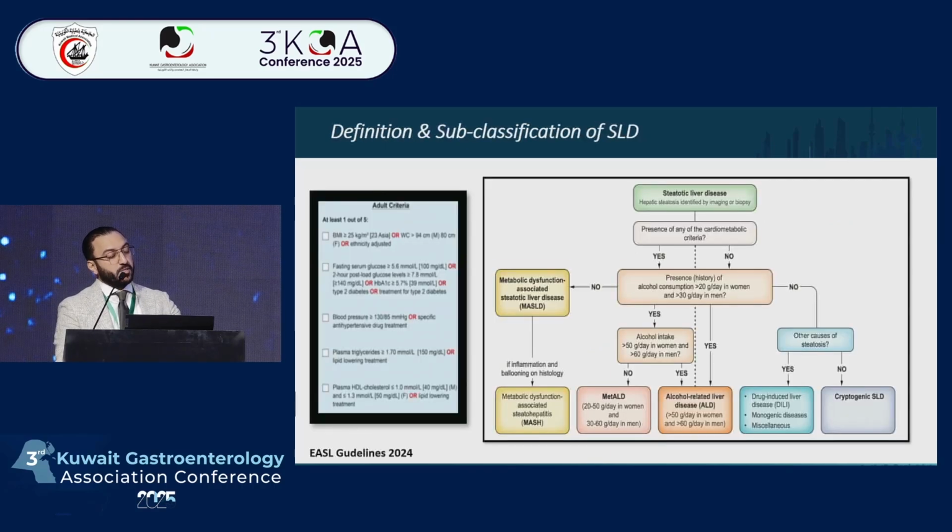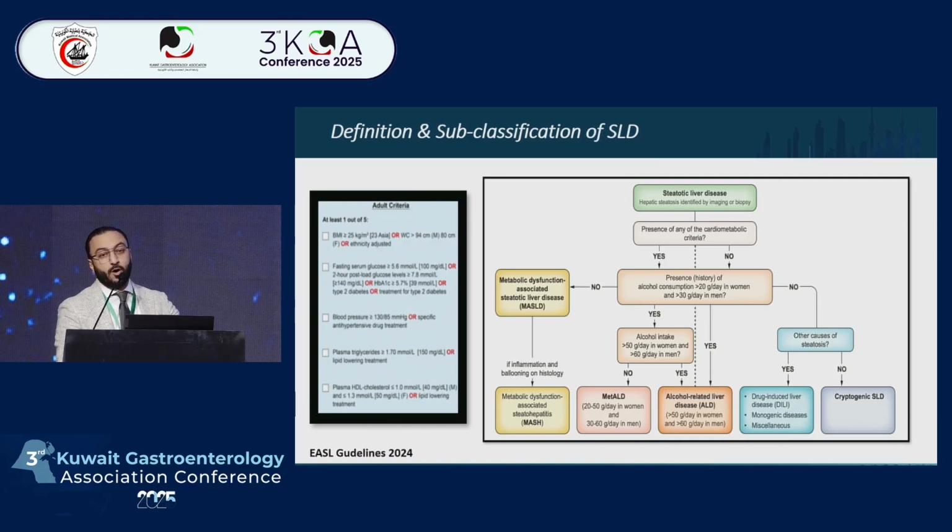I know that this is a very heavy slide, but if we start on the left side, this is the cardiometabolic risk factors. If the patient has at least 1 out of 5 cardiometabolic risk factors, then he satisfies the criteria for diagnosis of MASLD. The first is being overweight, BMI equal to or more than 25, or waist circumference in males more than 94 and females more than 80.